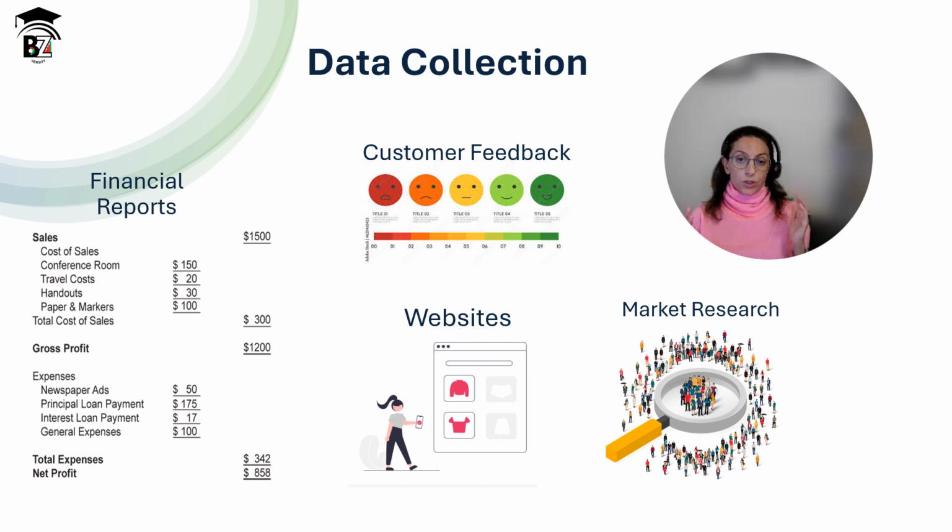If you are comparing your costs, you can break down your marketing expenses: this is your Google ad cost, this is your Facebook ad cost, this is your Instagram ad cost. All of these financial reports related to your cost, revenue, and profit can help you a lot to make a decision about the business.